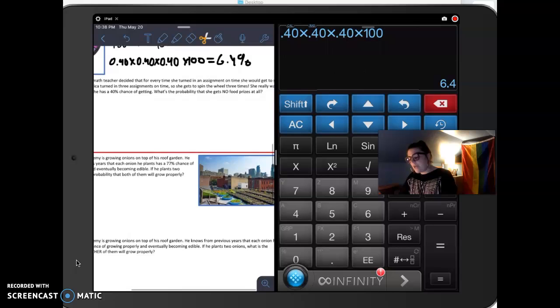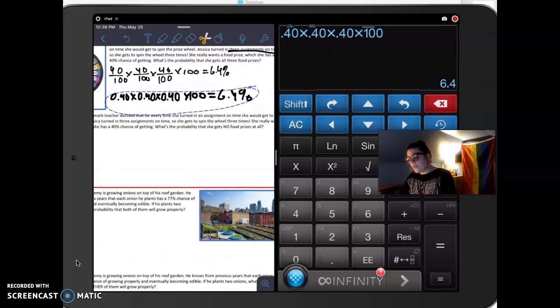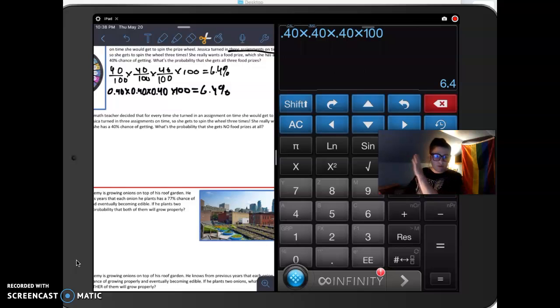All right, so now I'm going to show you a way, and again, if what I did so far makes sense, you can go back and use either of those methods. But if you understand exponents, it can save you a little bit of time. So I'm going to show you how to do this using exponents also.